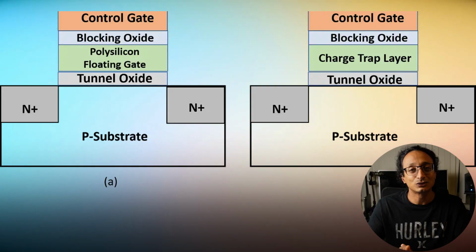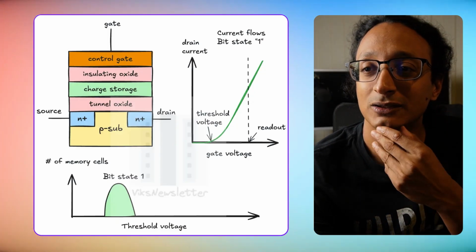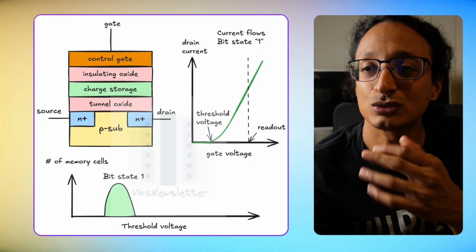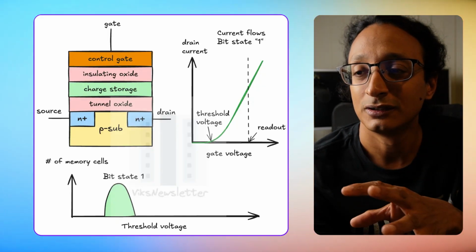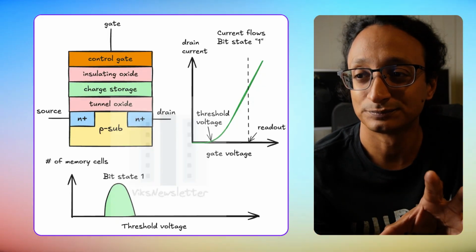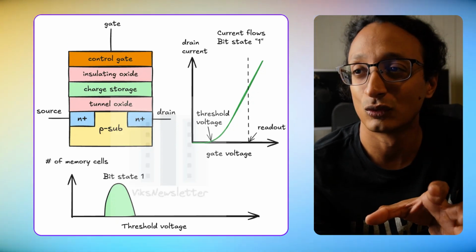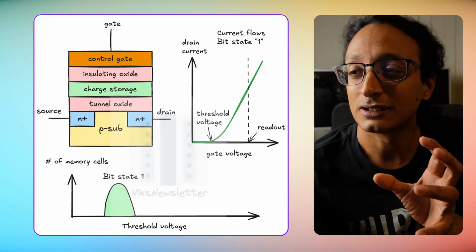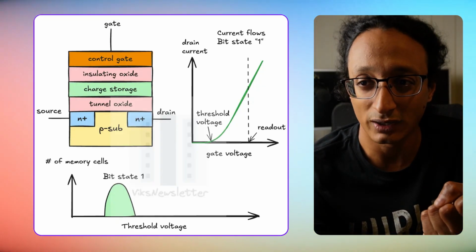So let's understand how this transistor works. When there is no voltage applied at the control gate, there are no charges stored in the charge layer. And the threshold voltage of the transistor is pretty low, which means that by default, current is flowing at the readout voltage. When current flows at the readout voltage, it essentially represents a bit state of 1.